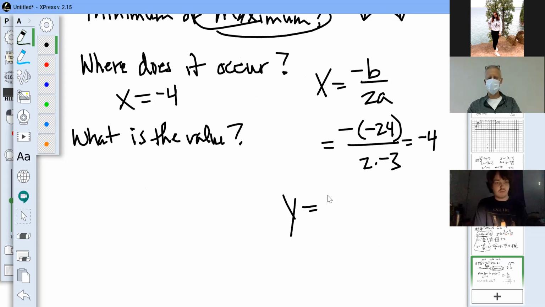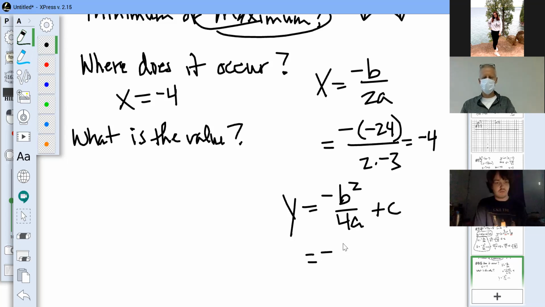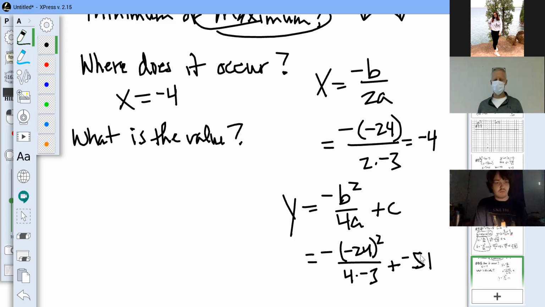So the y value is minus b squared over 4a plus c. It's that calculation to get the y value of the vertex. So b is still -24, a was still -3, and c was -51.